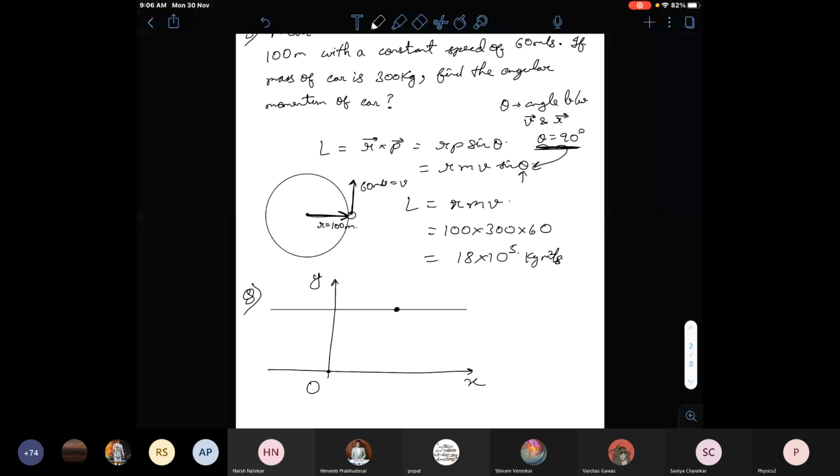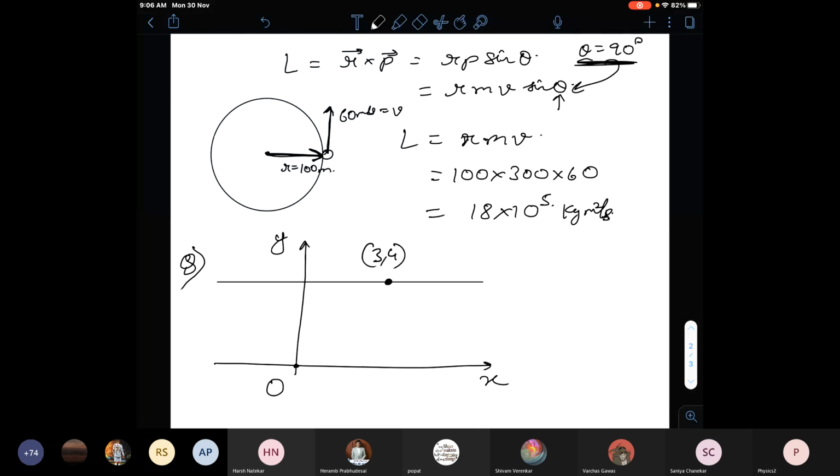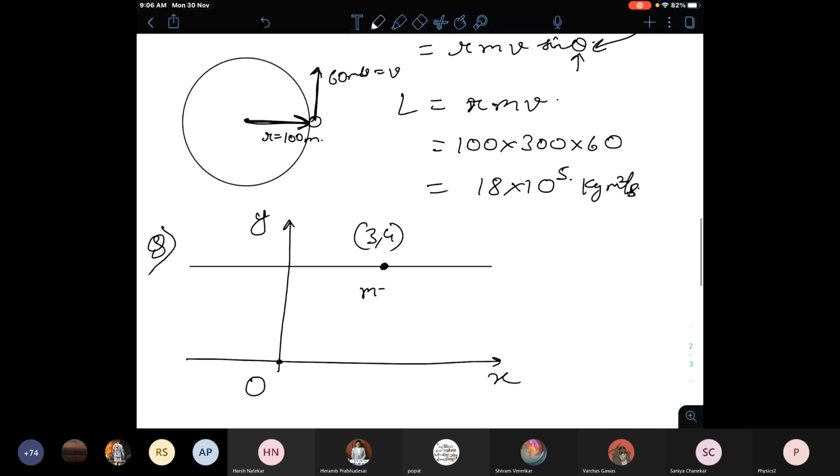The coordinates of this particle are, let's say, 3,4. The mass of the particle is suppose 10 kg and it is moving with a velocity of, let's say, 10 meters per second. Just for example, I'm saying.